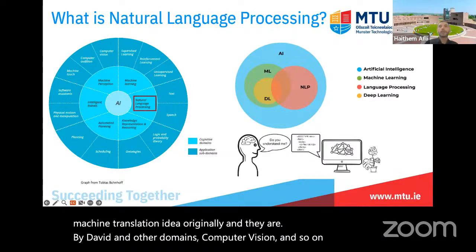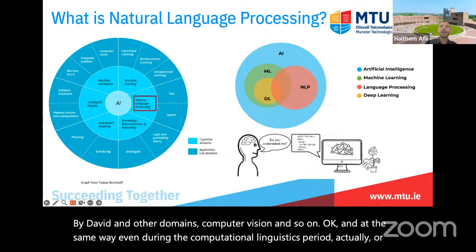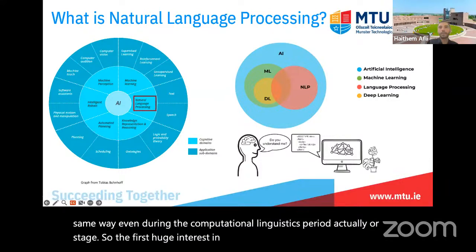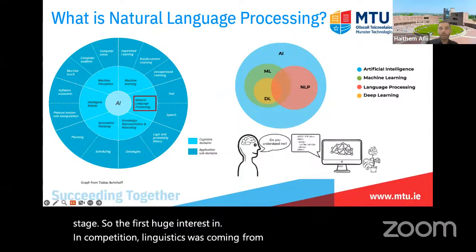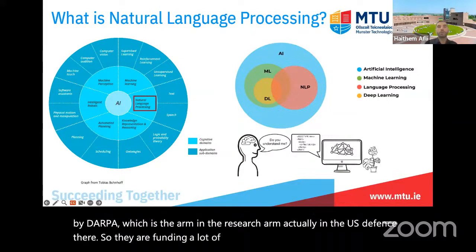In the same way, during the computational linguistics stage, the first huge interest in computational linguistics came from a large project funded by DARPA, the research arm of the US defense. They fund a lot of scientific projects that might be of interest to the army.